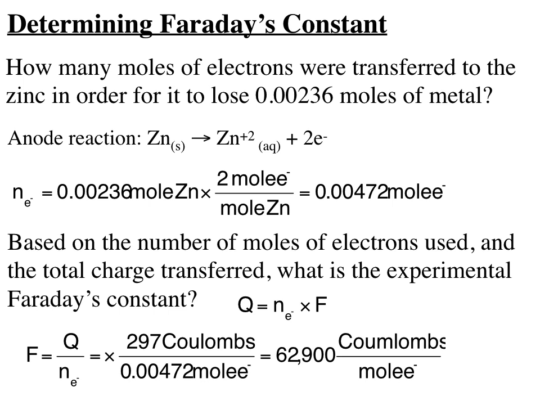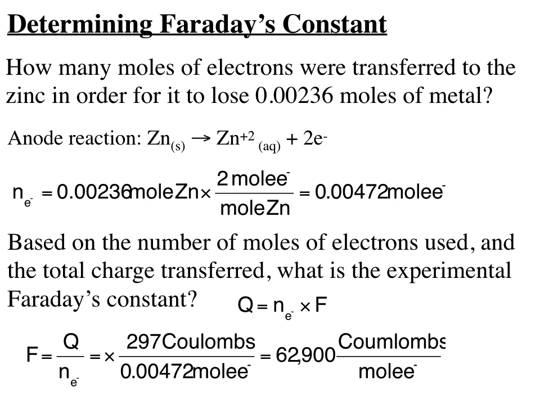So if 0.00236 moles of zinc were lost, and there are 2 moles of electrons transferred per mole of zinc lost, that means 0.00472 moles of electrons had to be given off during this process.